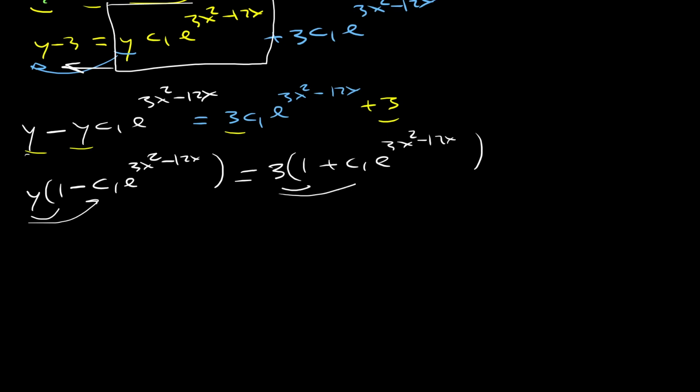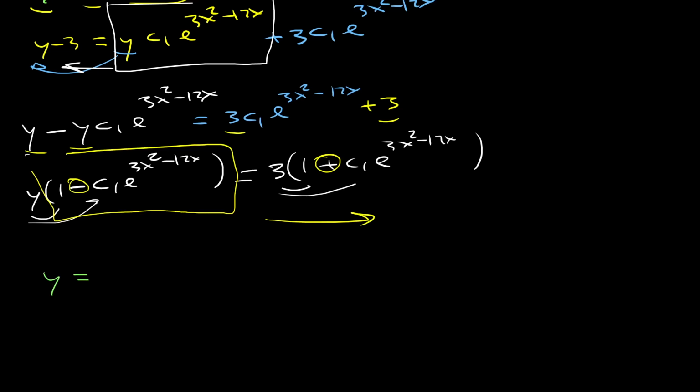So now, because we have the same expression on both sides, we can get this whole thing to that other side. Notice that this is not the same expression because this has a minus here and this has a plus. But it helps us because we now can have y as a separate entity. So we have y, and then we have 3 multiplied by the top one. So we didn't change anything.